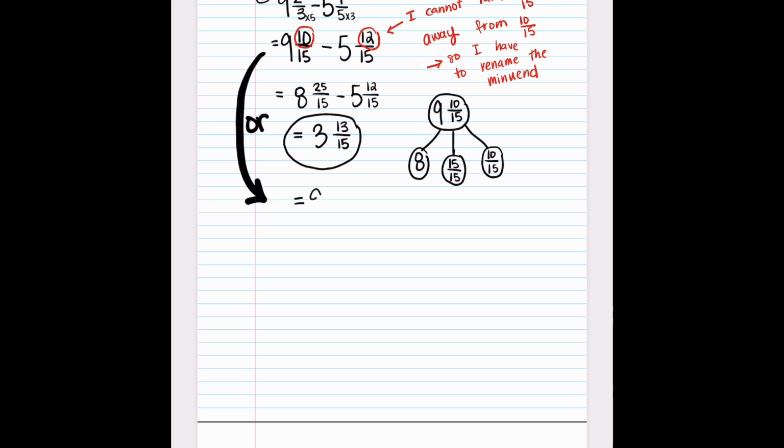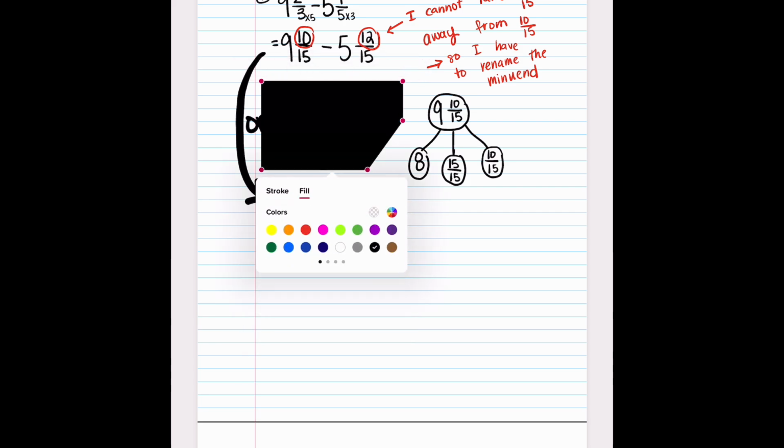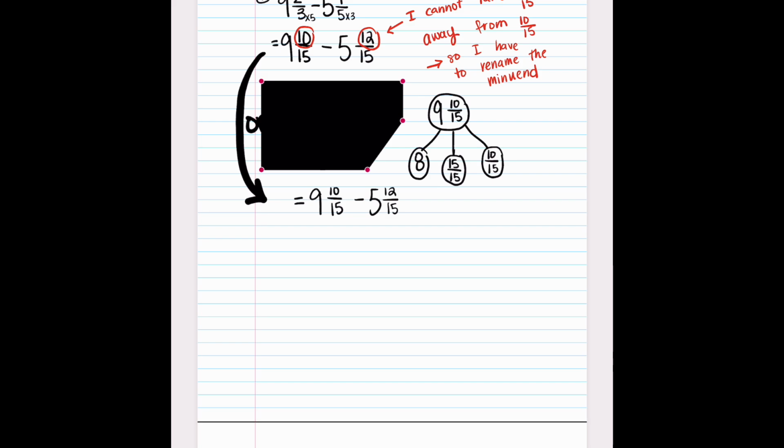Say I have 9 and 10 fifteenths minus 5 and 12 fifteenths. So just pretend that we're not using this step right now, okay? We can pretend that is not there. All right?